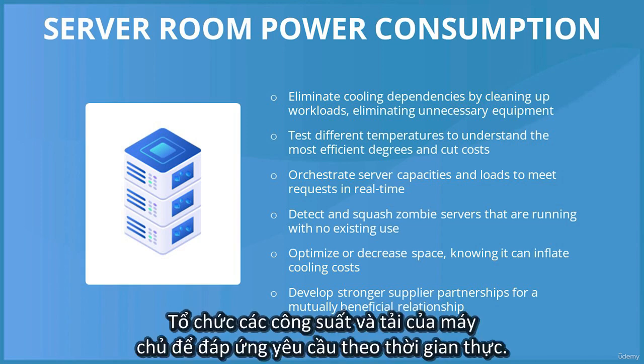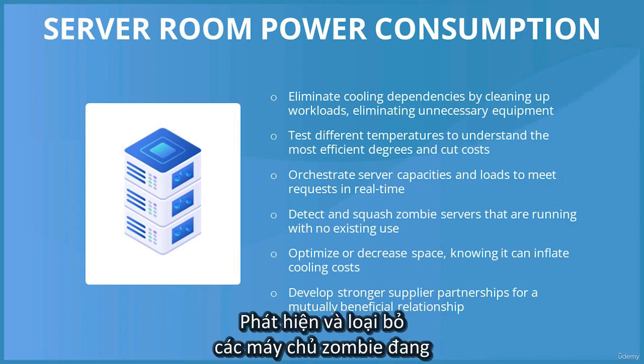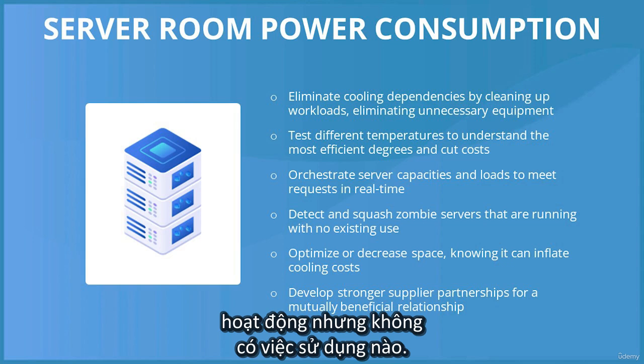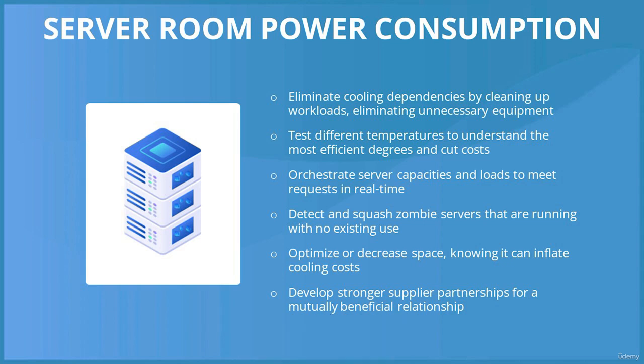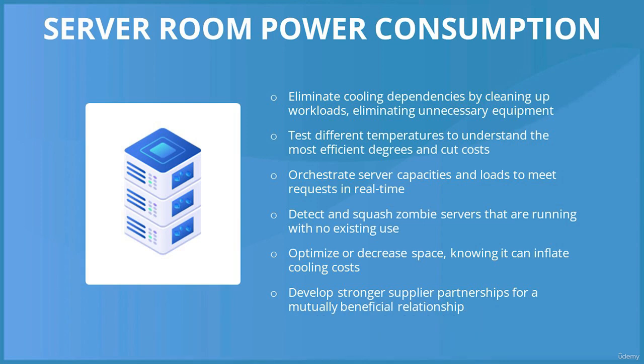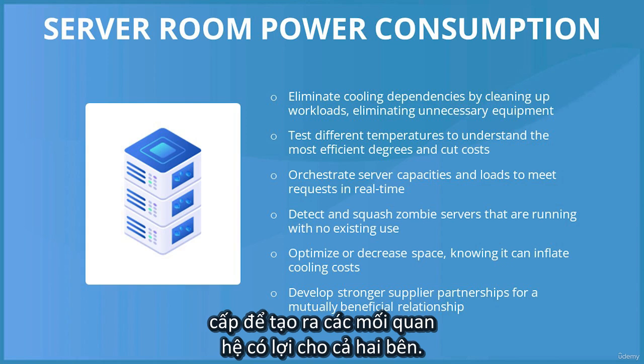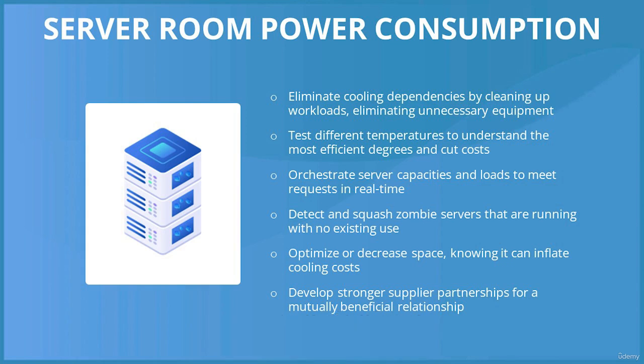Orchestrate server capacities and loads to meet requests in real time. Detect and squash zombie servers that are running with no existing use. Optimize or decrease space, knowing it can inflate cooling costs. Develop stronger supplier partnerships for mutually beneficial relationships.